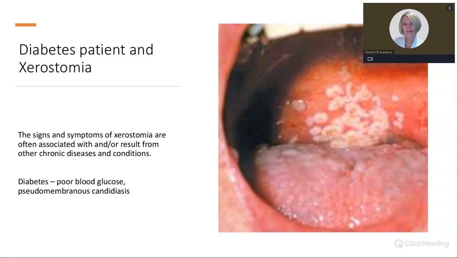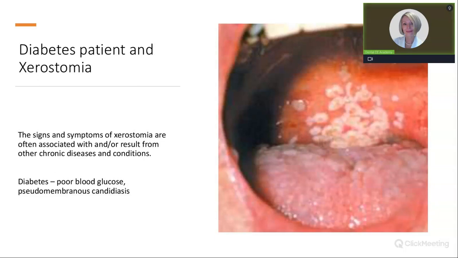Now, this is a photo of a patient with diabetes and poor blood glucose control, and they've developed pseudomembranous candidiasis. And the signs and symptoms of xerostomia are often associated with or result from other chronic diseases and conditions.